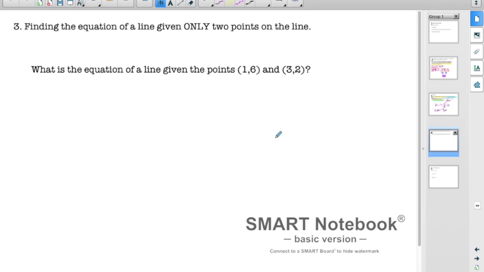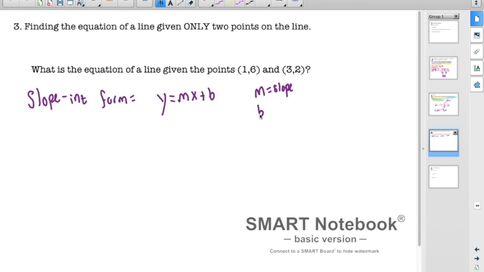Well, this is a good example because we can remember what the equation of a line should look like. Remember slope-intercept form is y equals mx plus b, where m is your slope and b is your y-intercept.